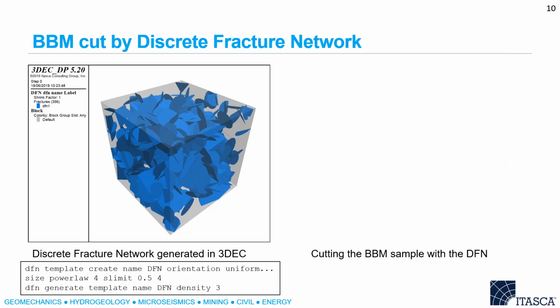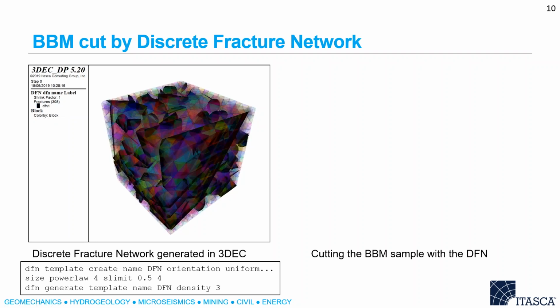We can also introduce fractures into our BBM sample, larger-scale fractures than what already exists between the blocks, and thus we can use the DFN module in 3DEC. So this is an example of a DFN generated in 3DEC with these commands. In colors, I have put the BBM sample.